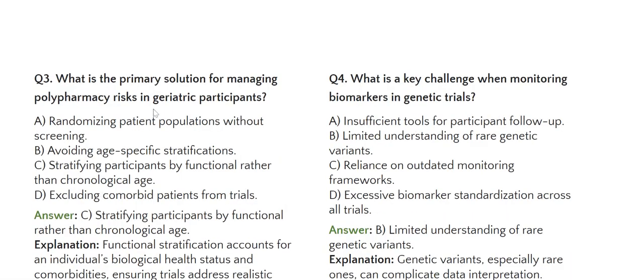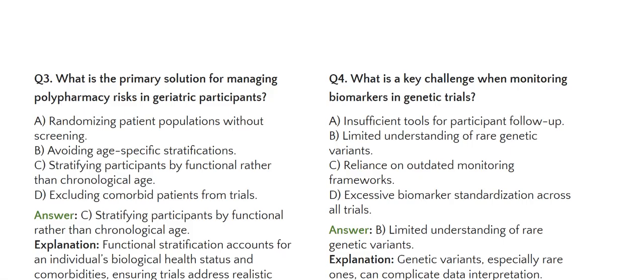Question 3: What is the primary solution for managing polypharmacy risks in geriatric participants? A, randomizing patient populations without screening. B, avoiding age-specific stratification. C, stratifying participants by functional rather than chronological age. Or D, excluding comorbid patients from trials.